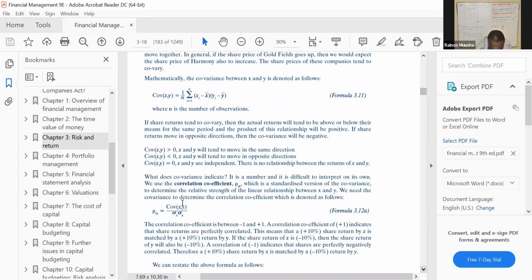the covariance of X and Y divided by the standard deviation of X and the standard deviation of Y. So for Fin4801, what you need to take note of is this formula for determining the correlation coefficient between the two assets. It's relevant now. You'll see that in chapter 4, it's also going to be relevant.